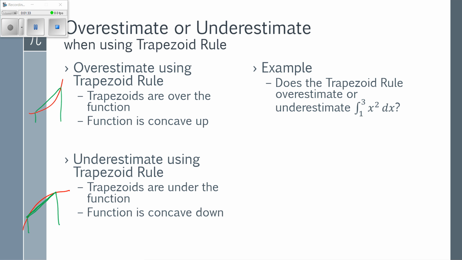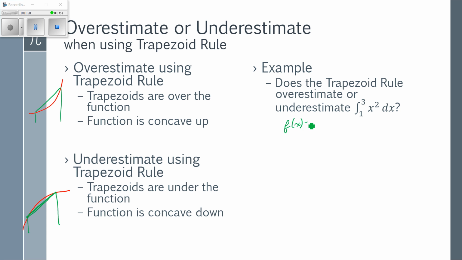So if I look at what we just found with the integral from 1 to 3 of x squared using trapezoid rule, which we got was 8.75, using trapezoid rule with 4 trapezoids, if I want to know is that over or under, I just need to know is x squared concave up or concave down.